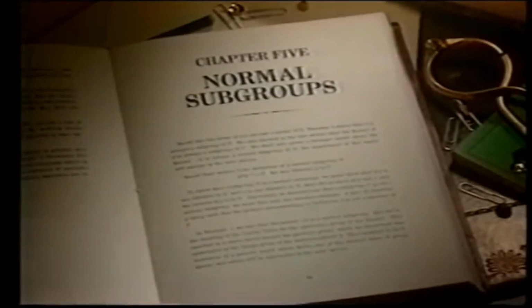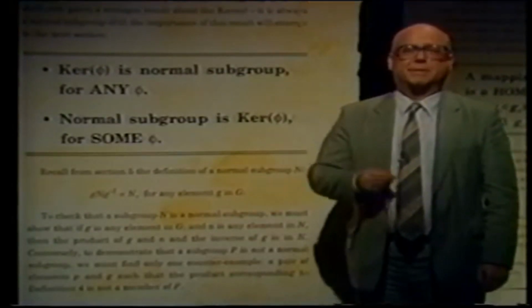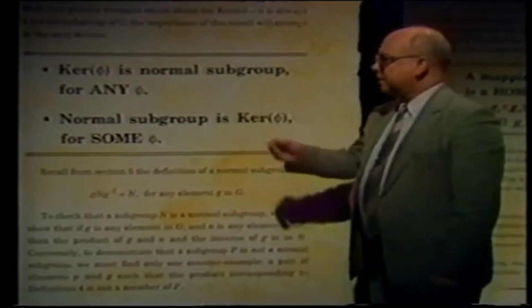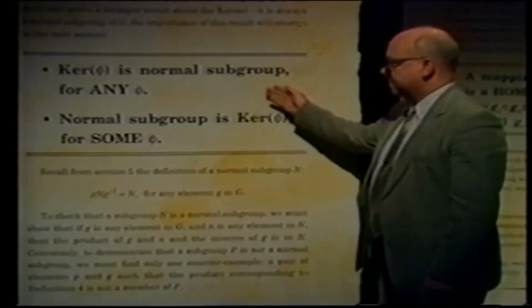But it's not just any subgroup of S-square, it's a normal subgroup. This is a general property of homomorphisms. For any homomorphism phi, its kernel is a normal subgroup.